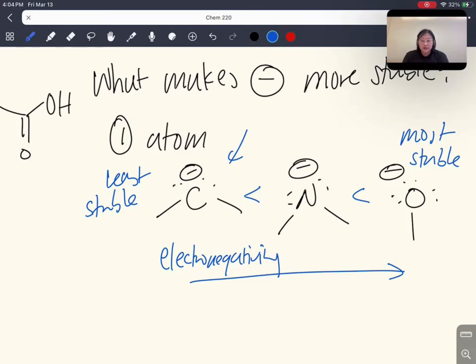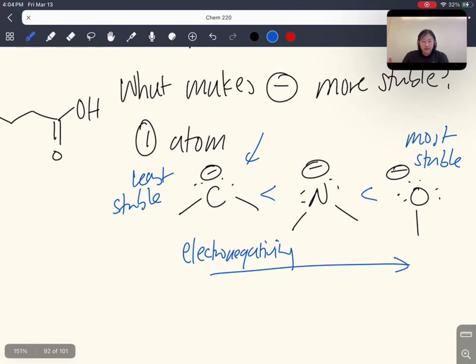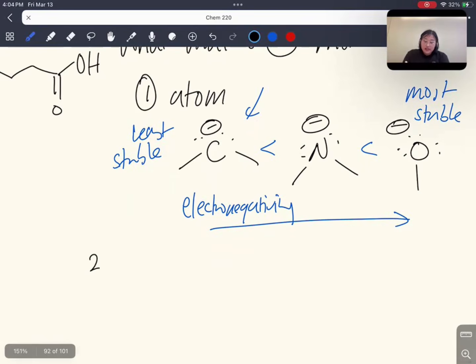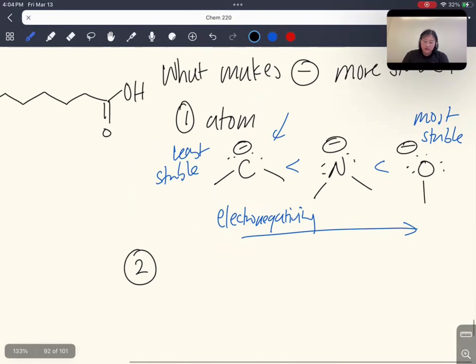You've seen carboxylate ions, for example, right? And so the first factor that makes a minus charge more stable is its atom, and that has to do with electronegativity. The second factor that can make a minus charge more stable is to look at resonance.